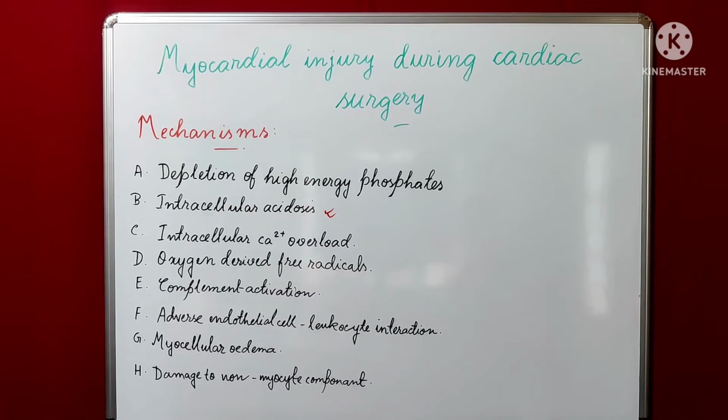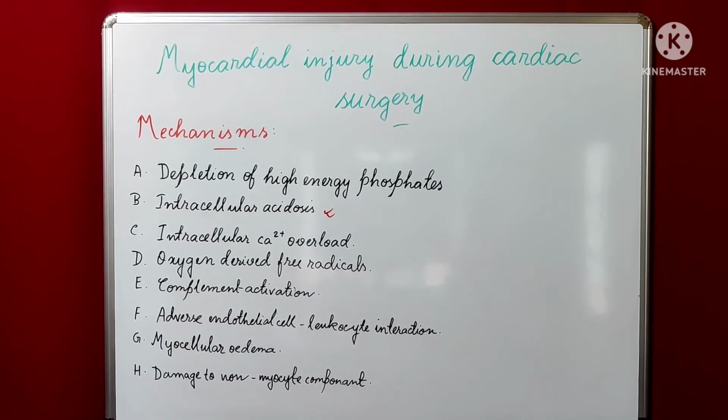And next is the damage to non-myocyte components. Non-myocyte components include injury to the endothelium of the coronary circulation and the fibroblasts of myocardium. Fibroblasts are the structural components. Now what if the endothelium of the coronary circulation is injured?